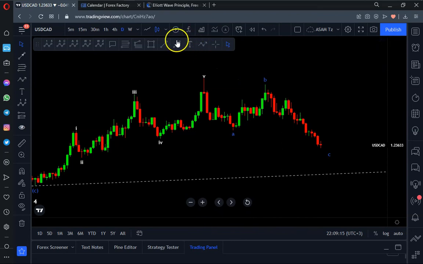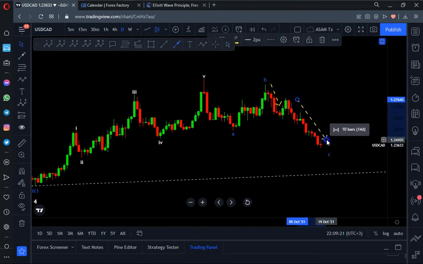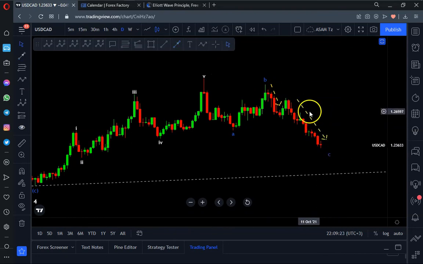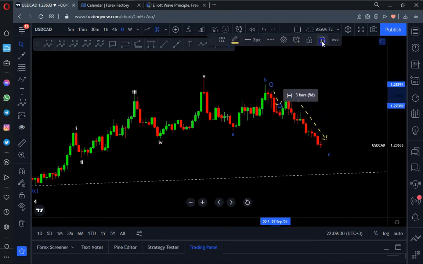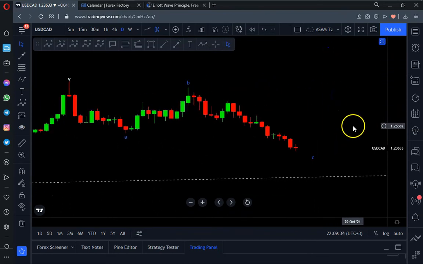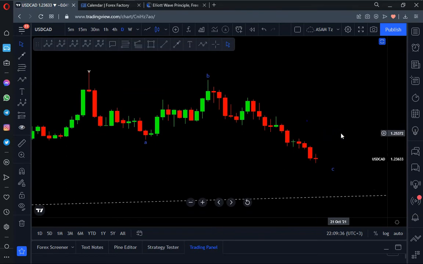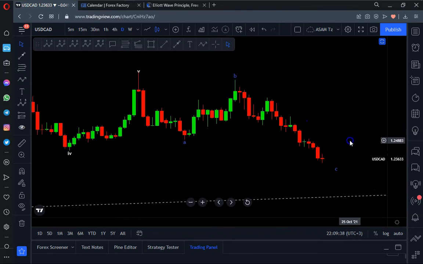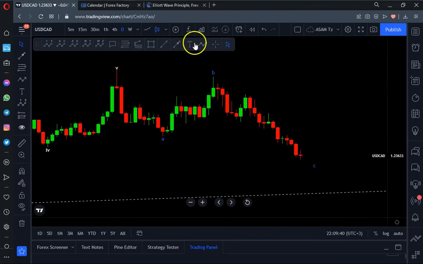So what happened with this move? We have the first move around this area, and then this big move in this area. So what's going on with this longer move to the downside? Based on this week's movement, the observation has changed a little bit.